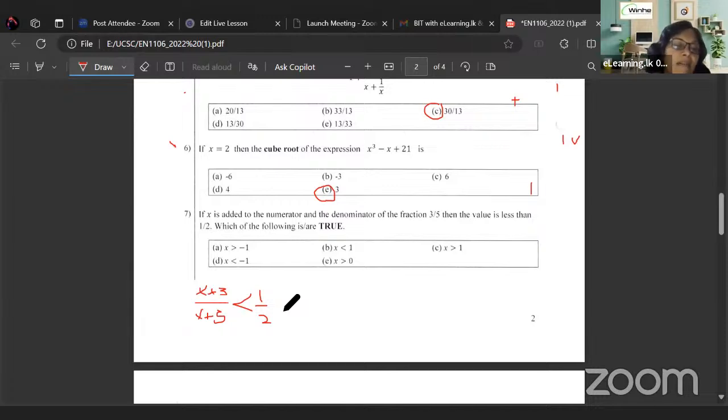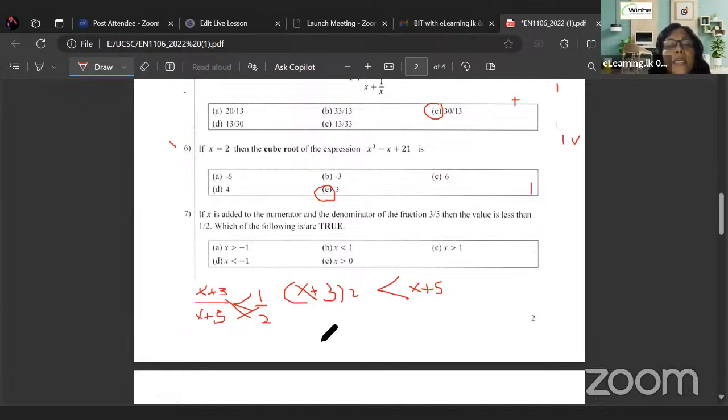Now you have to solve this to find whether the given answers are true. Now see, we wrote it as an inequality. If we solve this, we can find the solution, or find whether the given inequalities are true. So if you multiply this side by 2, then this side by x plus 5, and write x plus 3 into 2 less than x plus 5.